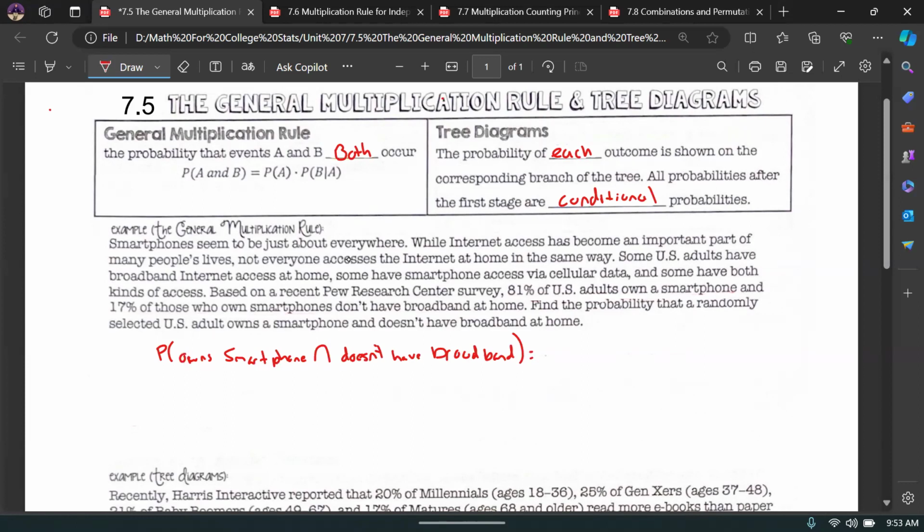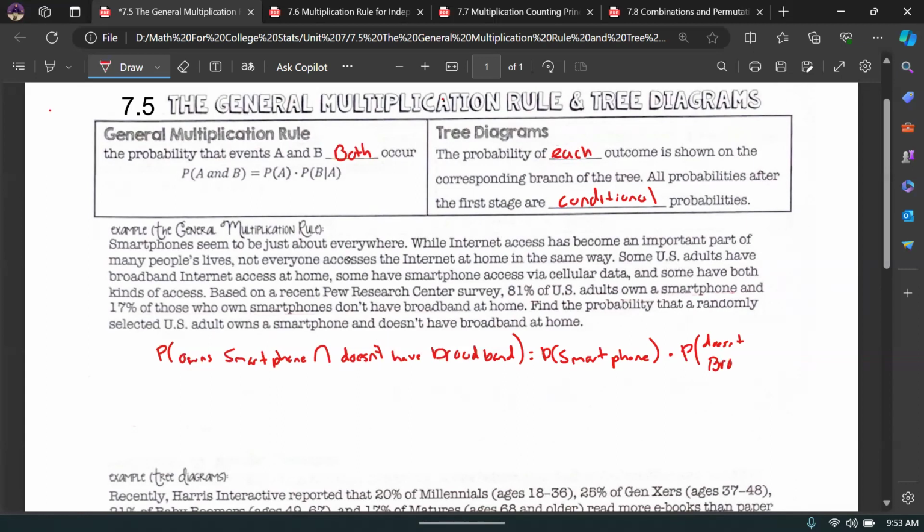Now, according to our multiplication rule, all we have to do is take the probability of A, which in this case is the probability of smartphone, and multiply it by the probability someone doesn't have broadband given they own a smartphone.